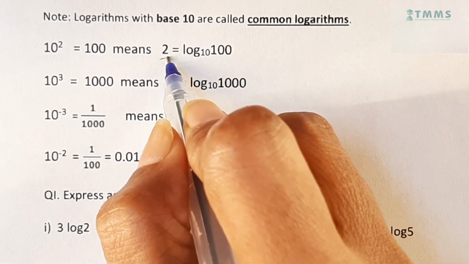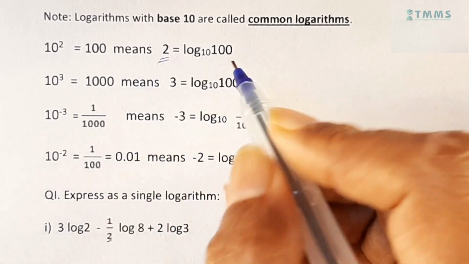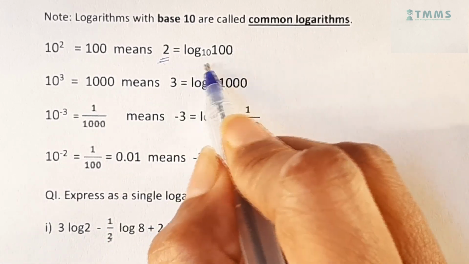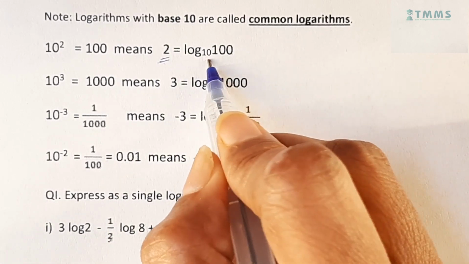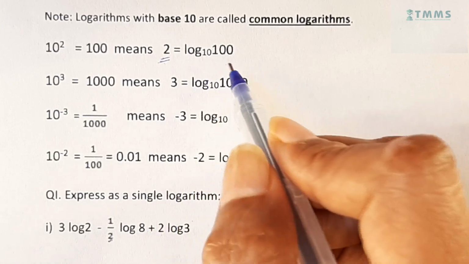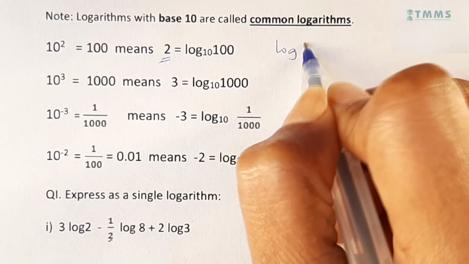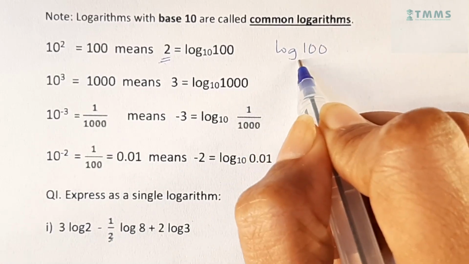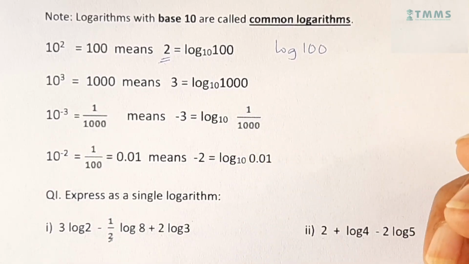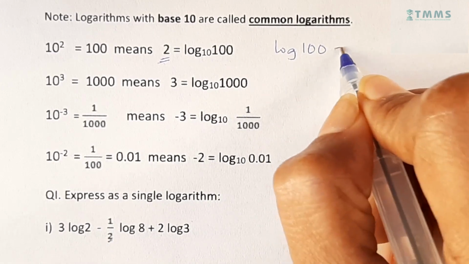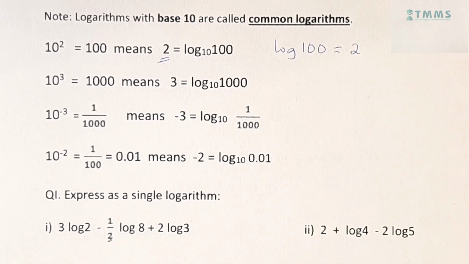So anytime we are talking about only 2, 2 becomes log of 100. And if we don't mention this 10, remember it is common logarithm. So that is the first tip. If they tell you log 100, remember if they don't write the base, it means it is common logarithm. And log 100 will be equal to 2.